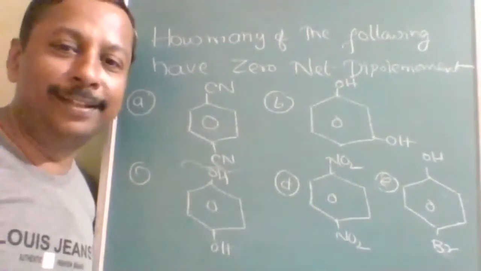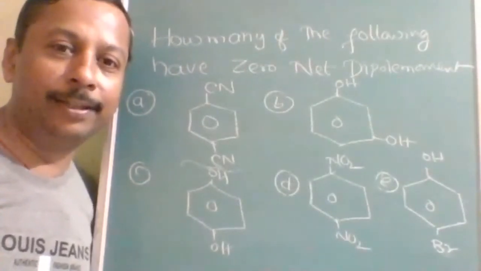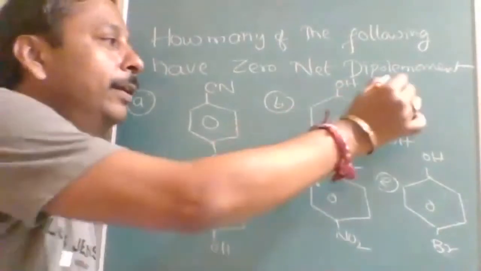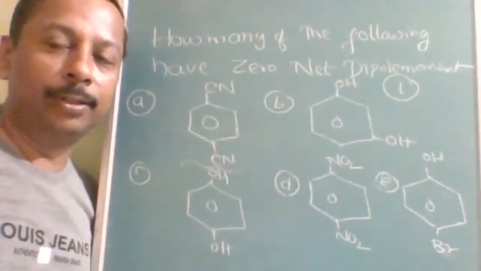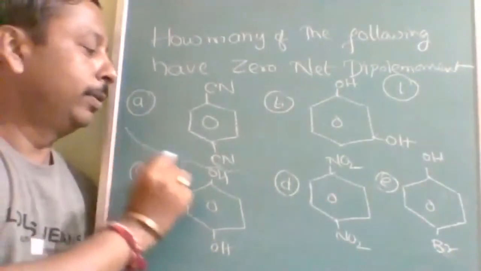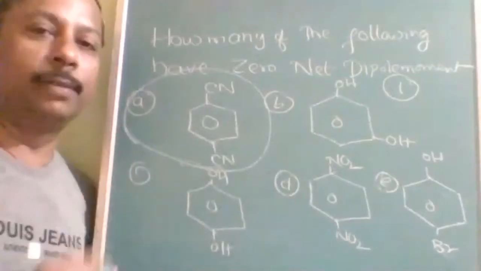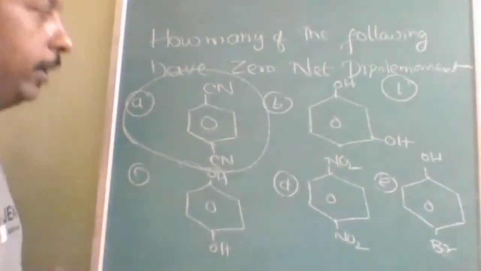So surprisingly, the answer to this question is 1. Only one of these will have zero dipole moment. Okay, what is that? Only option A will have zero dipole moment. Why it is not the others, I will tell you.